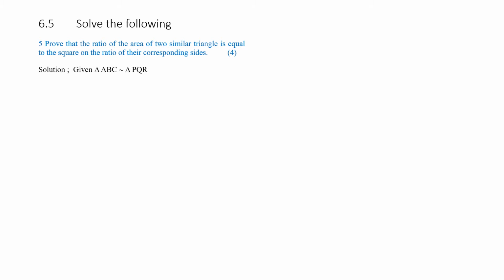Solution. Given triangle ABC is similar to triangle PQR as shown in the figures. Please see here, triangle ABC, triangle PQR. Therefore, we know AB by PQ equals BC by QR, that is equal to AC by PR.